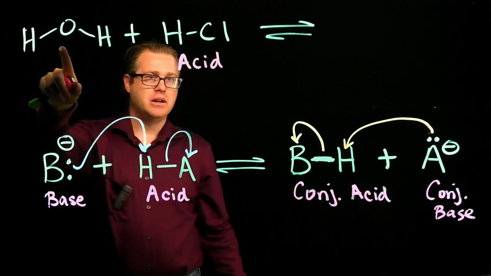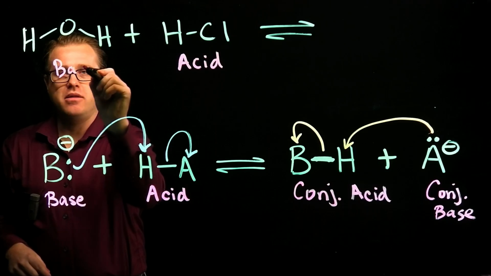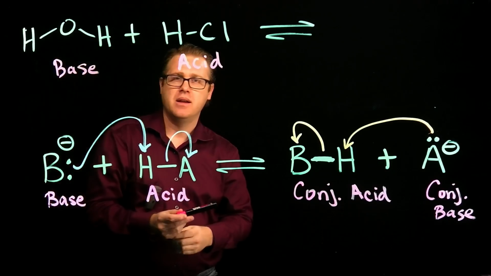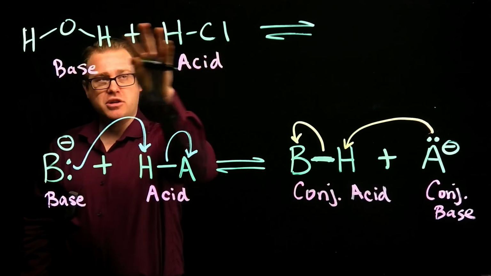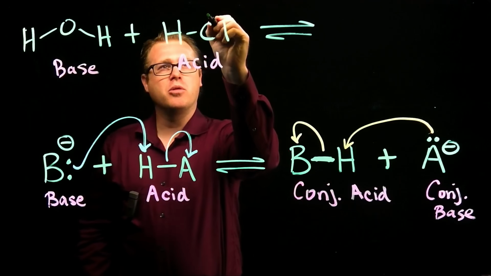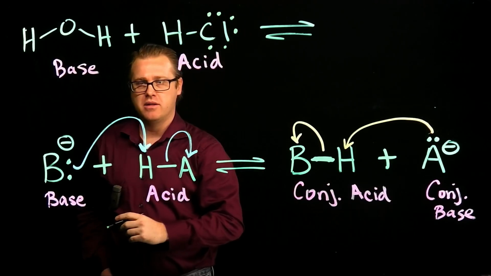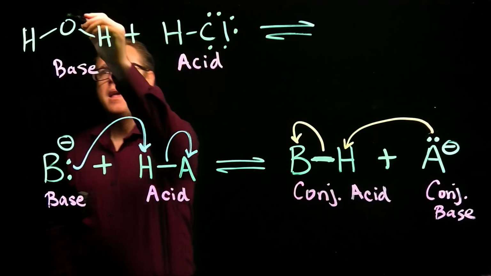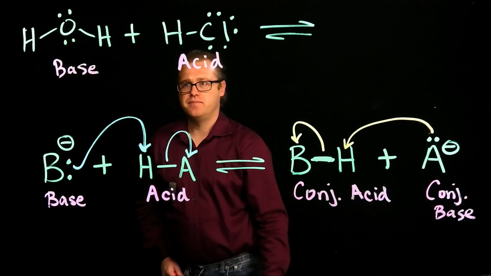And this is water. So if I've already found the acid, then this has to be, by default, the base. Now when we take a look at the Lewis structures of these two molecules and look at them a little bit more carefully, we realize that we have 3 lone pairs on that chlorine atom, and we have 2 lone pairs on the oxygen atom.